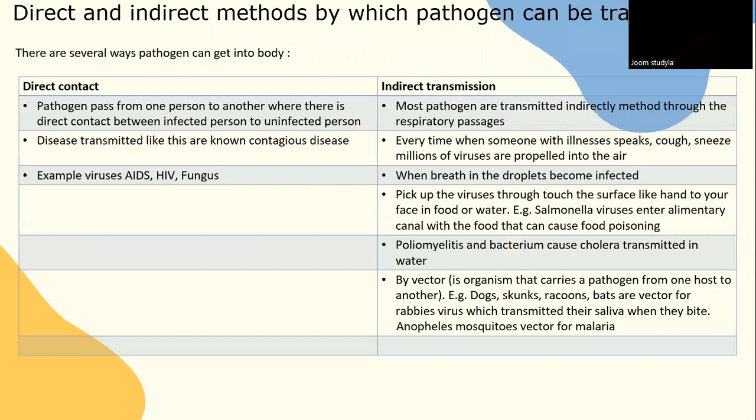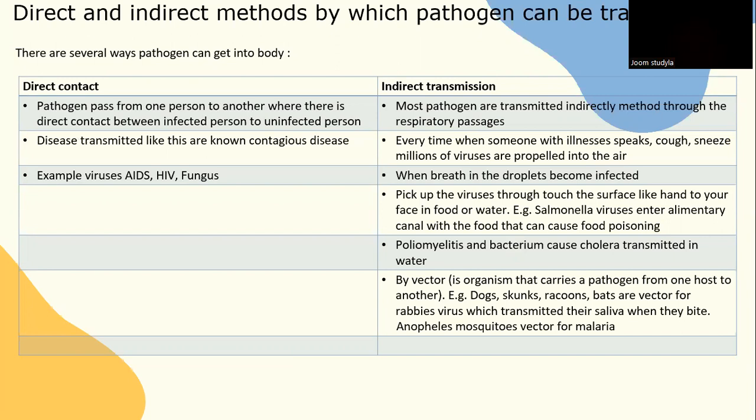Direct and indirect methods by which pathogens can be transmitted. There are several ways pathogens can get into the body. It's either through direct contact or indirect transmission. What exactly does direct contact mean? Direct contact means that pathogens pass from one person to another where there is direct contact between an infected person and an uninfected person.